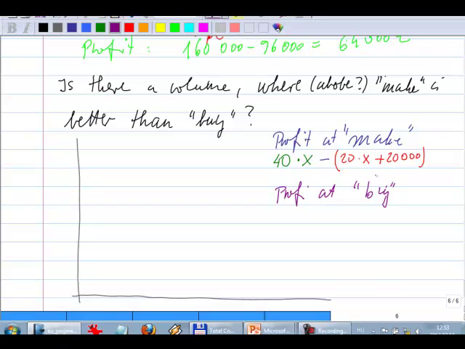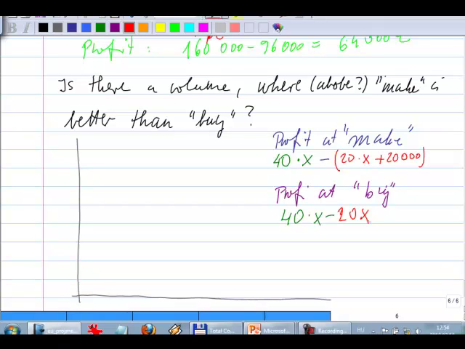Profit at buy: our revenue will be the same, and minus our costs, how much will it be? Oh, sorry, 24 times x.